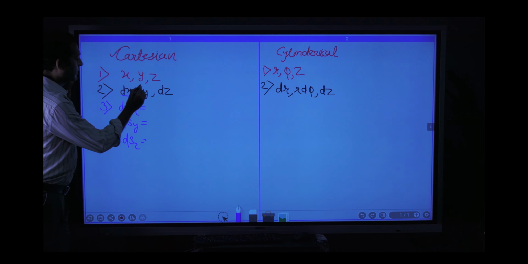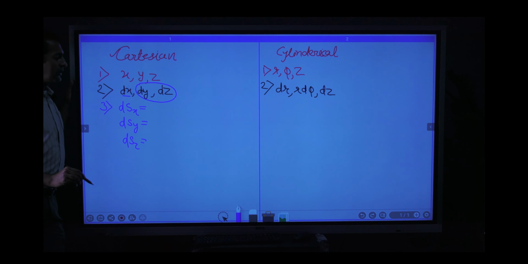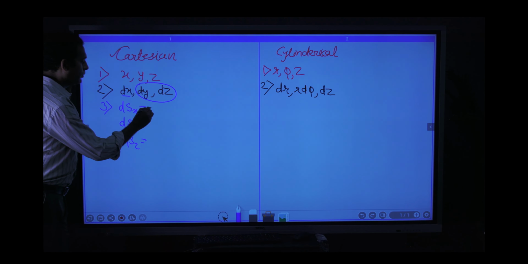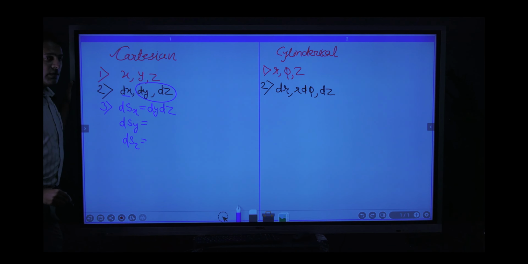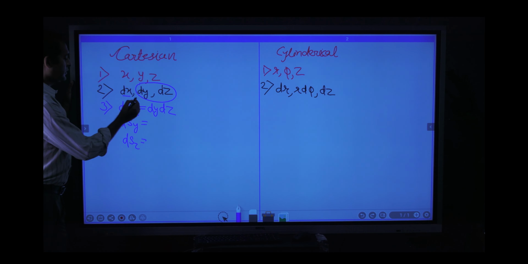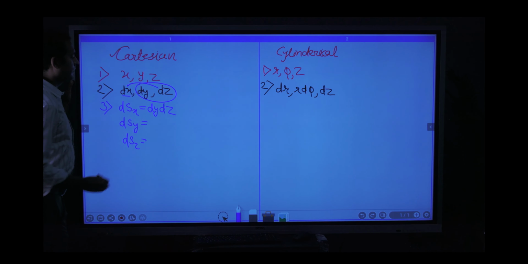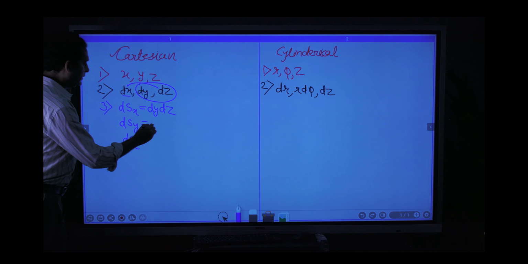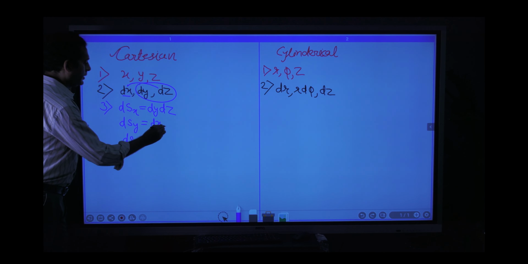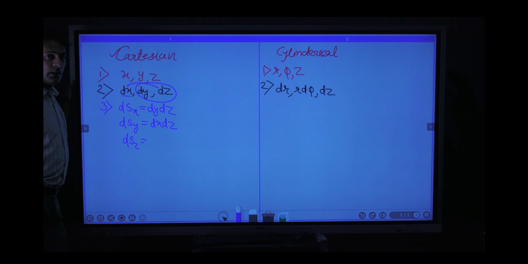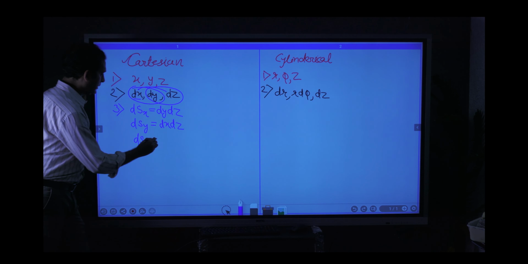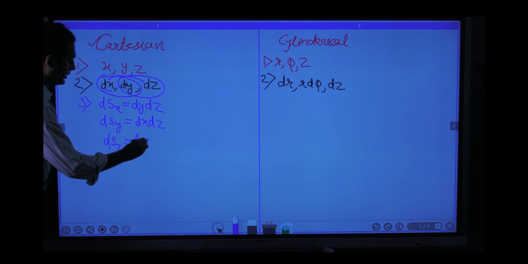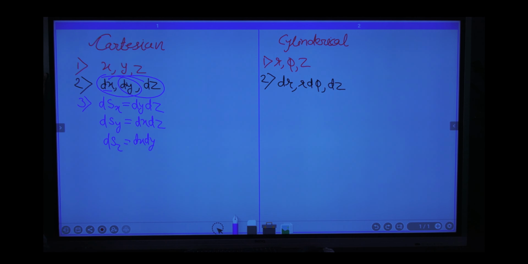So other than x, these two are changing, and we can write dsx is equal to the product dy dz. For dsy, the other two values are changing, that is x and z, so dsy is equal to dx dz. The third one is dsz. Other than z, these two are changing, that is nothing but dx dy, right?